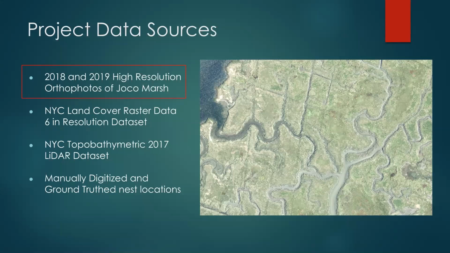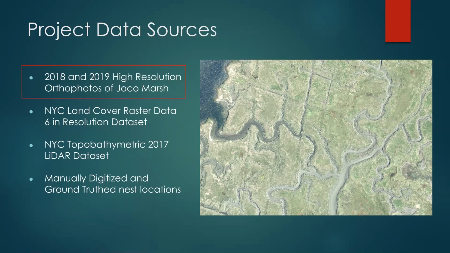So to implement this project, we used the following 4 data sources. We had access to 2 sets of high-resolution orthophotos of Joko Marsh. We had access to 3-band imagery from 2018 and a full set of 4-band imagery with RGB and the infrared band from 2019.